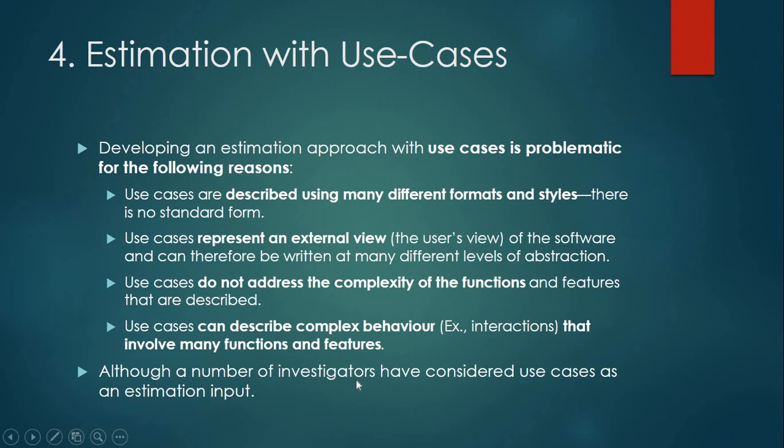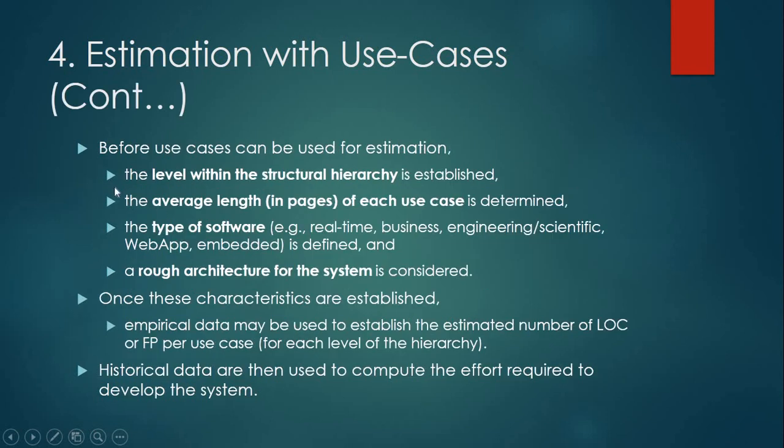Although a number of investigators have considered use cases as an estimation input, before use cases can be used for estimation we will have to know these things. First, the level within the structural hierarchy is established. The average length, in pages, of each use case is determined.